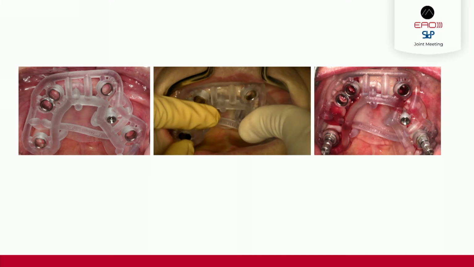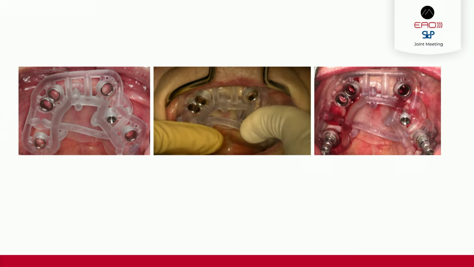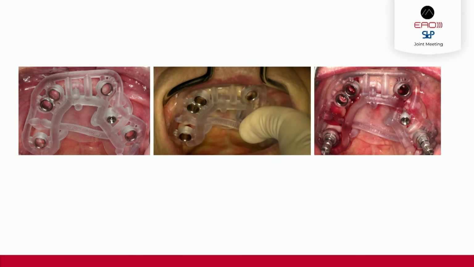Now, the second tip is related to the guide position. Whenever we want to go back to the patient's mouth with the guide, we don't really have any anchoring points since we don't have teeth, and in many cases we don't have temporary implants.